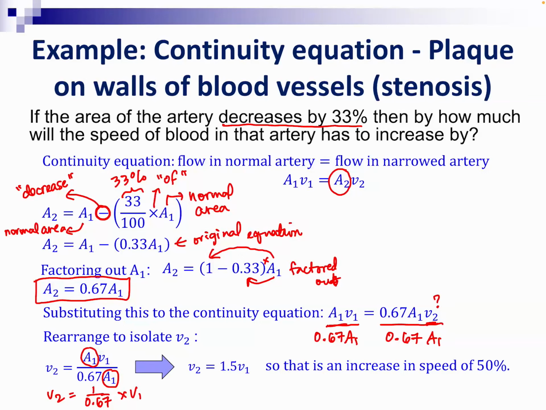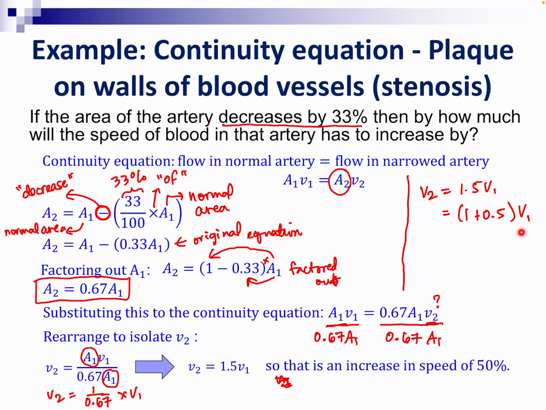And we can see that 1.5 times something is a 50% increase because we can write this down. V2, can you see that space? Maybe I'll use this area. So if we write down V2 is equal to 1.5 V1, I can write this as (1 plus 0.5) V1, right? It's the same thing. I just separated 1.5 as 1 plus 0.5.